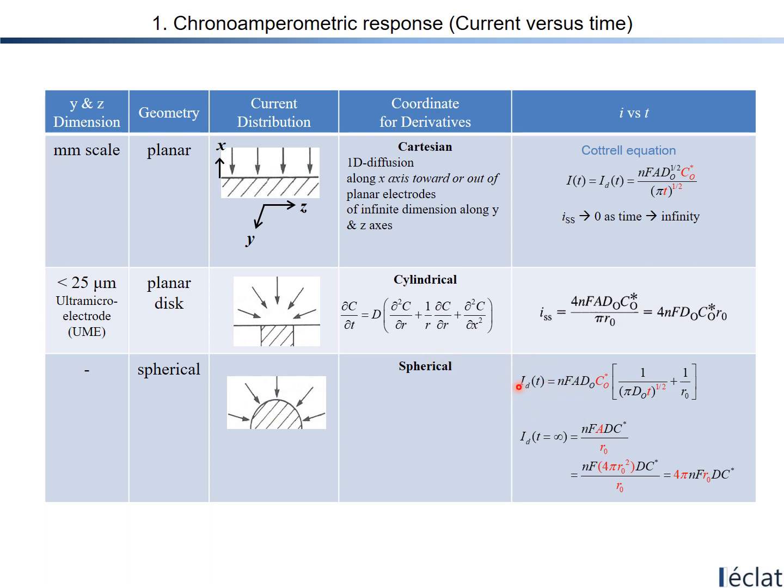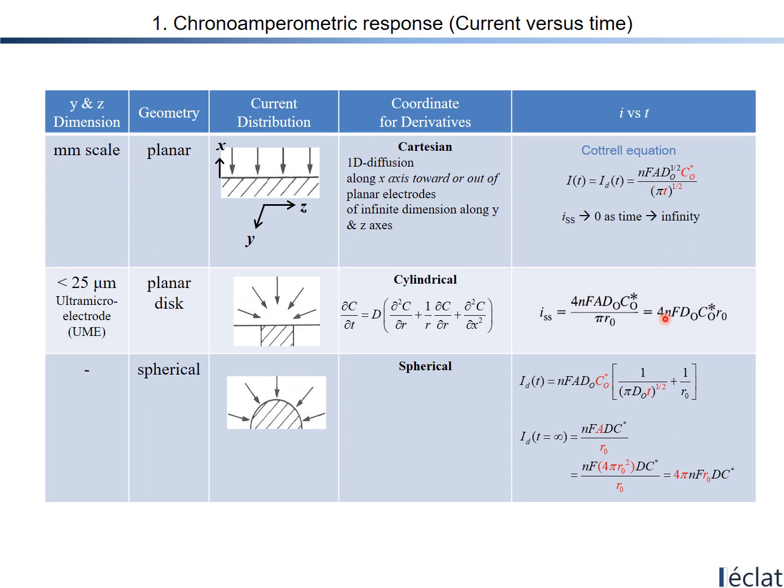Diffusion current as a function of time is equal to some first term plus a second term. The first term is exactly the same as the Cottrell equation. Let me check it: nFA C0* root D0 over root pi root t. So this first term is the Cottrell equation.